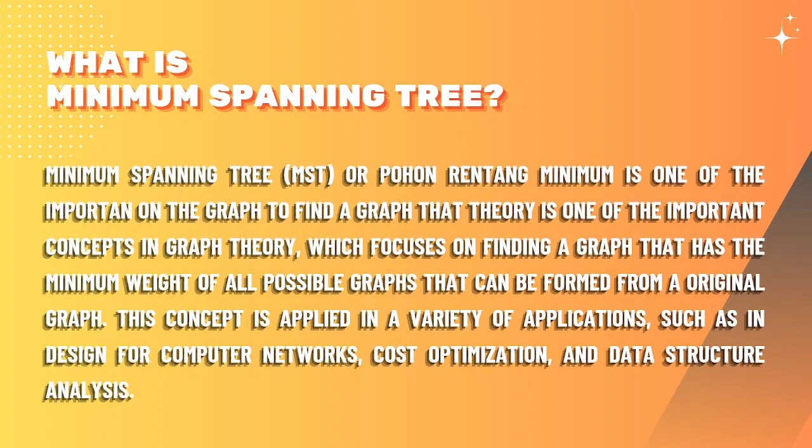Minimum spanning tree, or MST, or in Indonesian pohon rentang minimum, is one of the important concepts in graph theory, which focuses on finding a graph that has the minimum weight of all possible graphs that can be formed from an original graph. This concept is applied in a variety of applications, such as in the design of computer networks, cost optimization, and data structure analysis.